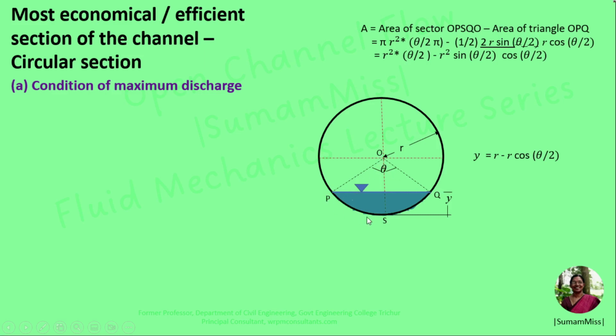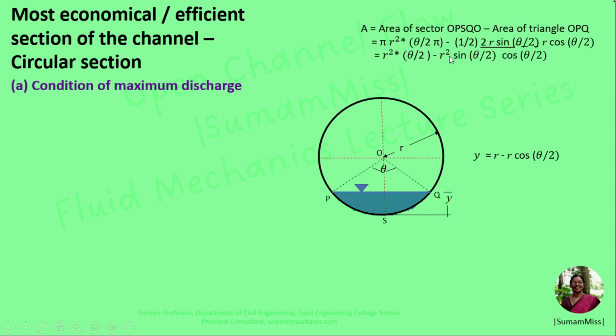The area of the sector is pi r square, that is the area of the circle, into theta divided by 2 pi, minus the area of this triangle OPQ, equal to half BH, so half into this length, equal to r sin theta by 2. The total length PQ is equal to 2r sin theta by 2, into this length equal to r cos theta by 2. So it becomes r square, into pi gets cancelled.